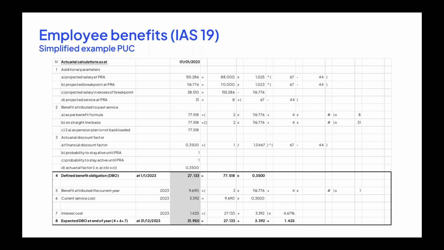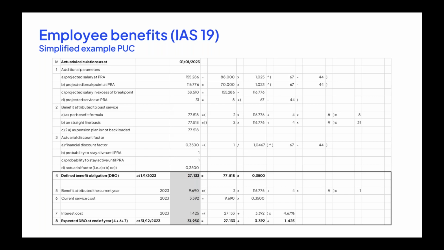I have 2 times the breakpoint, because the breakpoint calculated at the retirement age will be 116,776, plus 4 times the amount in excess of 116,000, the 38. Apologies, that's not mentioned, it's in the line with the hashtag. Multiplied by 8, because I'm already 8 years further. It's multiplied by 8 divided by 40.